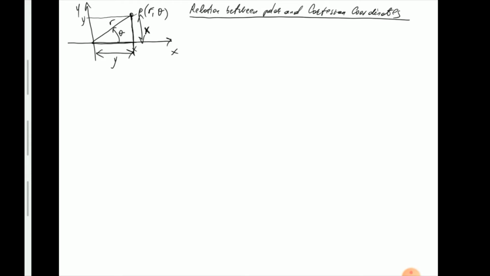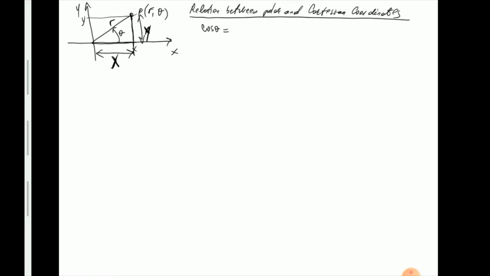So to relate them with r and theta, obviously we have to use some trigonometric functions. So notice that the cosine of theta is the adjacent side. Let's see. I'm sorry, I switched that. This is the x coordinate and this is the y coordinate.